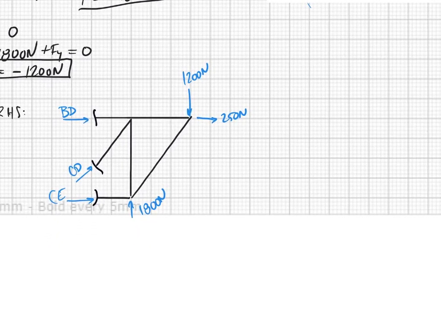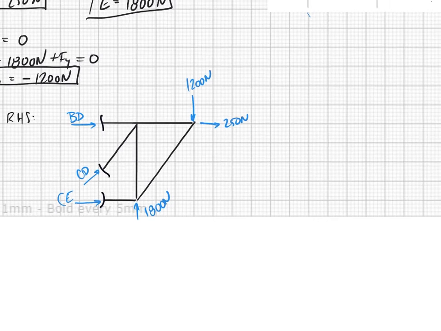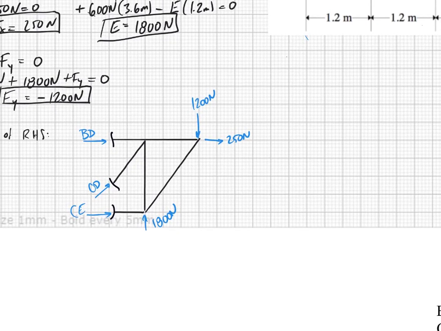In the Y direction, we've only got one unknown, so that's good. In the X direction, we've got 3 unknowns, so that's no good. But let's do the Y direction because we can do that. Sum of the forces in Y equals 0.